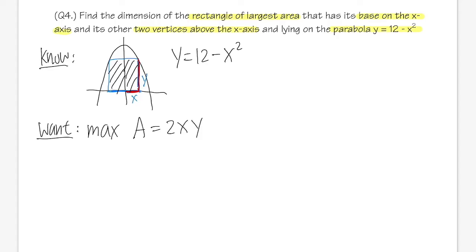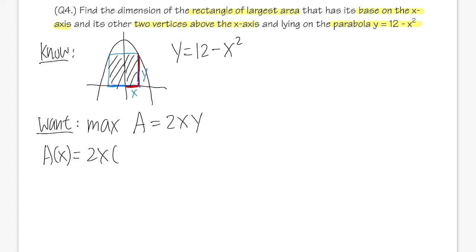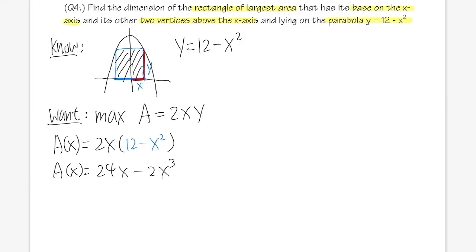Put the y in, and we have A as a function of x, which is 2 times x times 12 minus x squared. Do the algebra first: A of x is equal to 24x minus 2x to the third power.